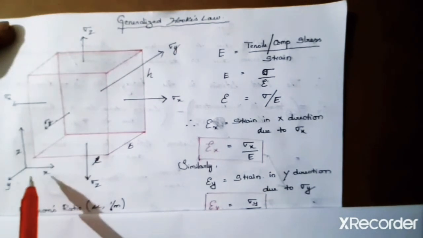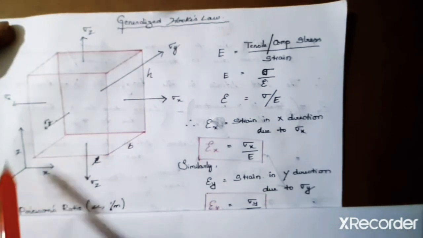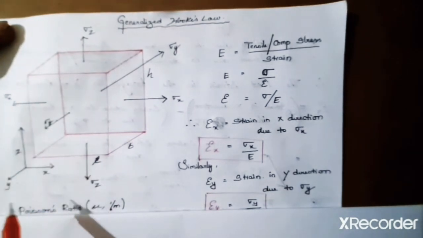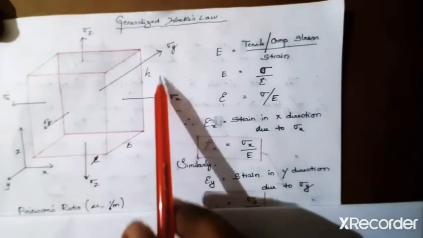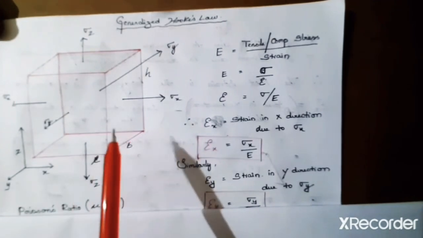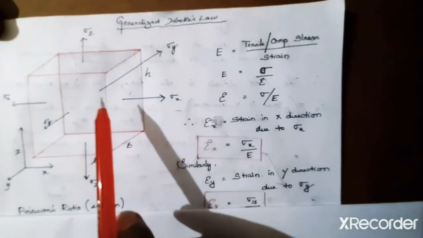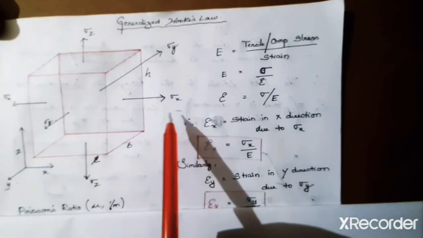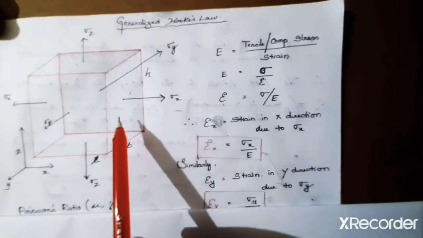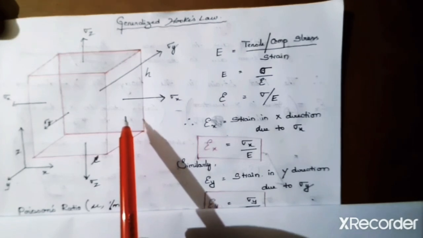So this is x, this is y, and this is z direction. Now the nature of these 3 stresses, sigma x, sigma y, sigma z, is tensile in nature. Therefore, the body is going to deform.